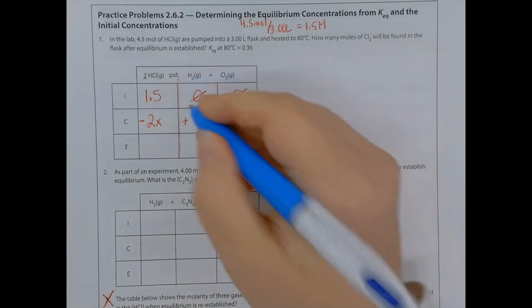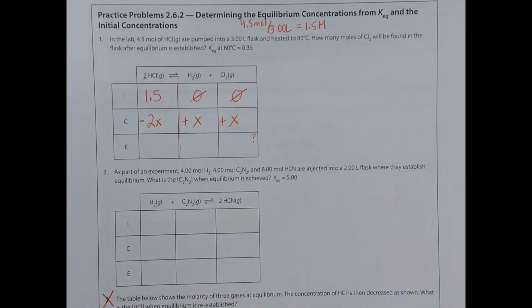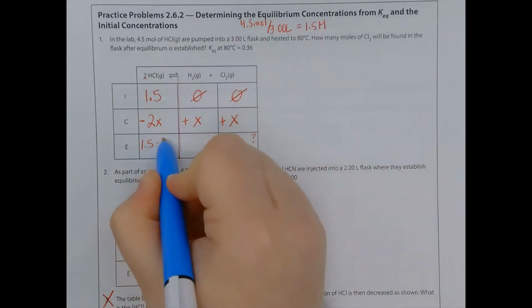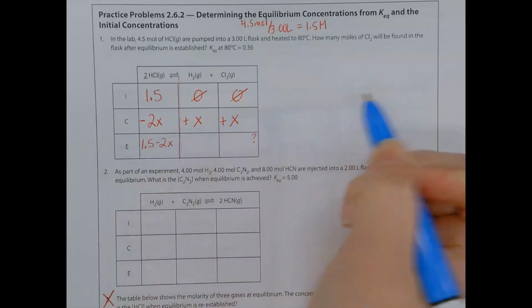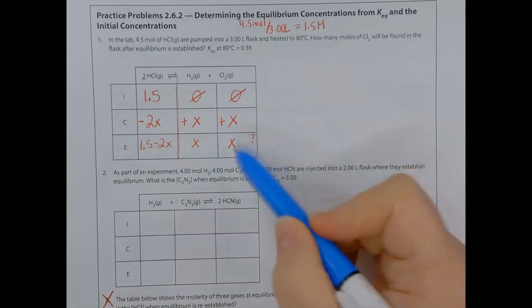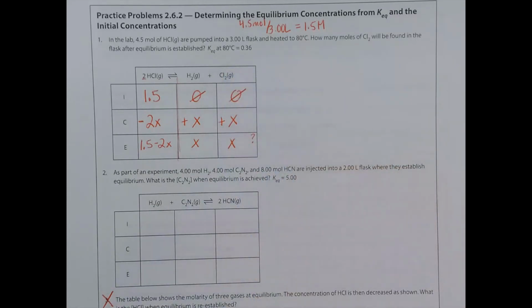This side, our coefficients are 1, so we're going to add 1x. So we just make it match our coefficients. And then we bring everything down. So 1.5 minus 2x. We have x and x there. So whatever our value is for x, is going to be our concentration of chlorine at equilibrium. That's what we're looking for.